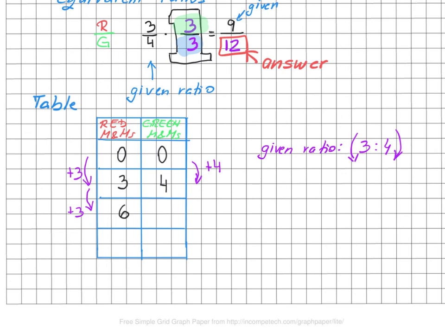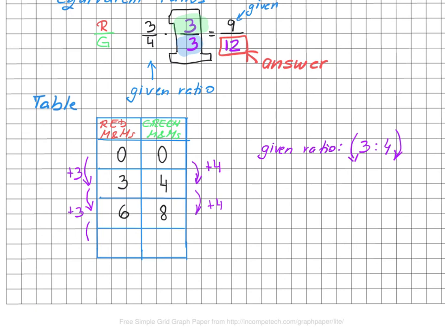And if I add 3 red, I have to add 4 green. So 4 plus these 4 gives me 8 green M&Ms. Sorry, I'm so confused. I'm still not at my target number, because my target number is 9 red M&Ms. So that's the next step.